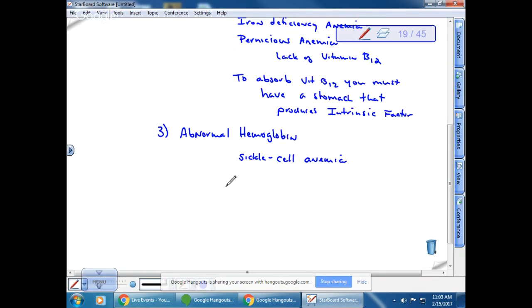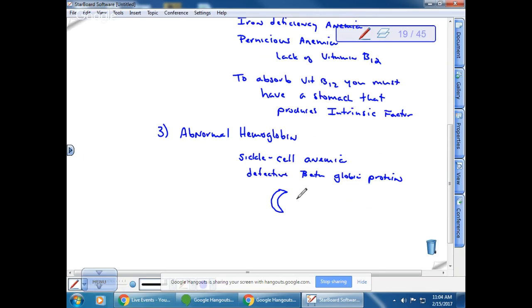And sickle cell anemia is due to a defective beta globin protein. Okay. So that means that the red blood cells are sickled in shape instead of a biconcave disc. So your red blood cells would look like this.